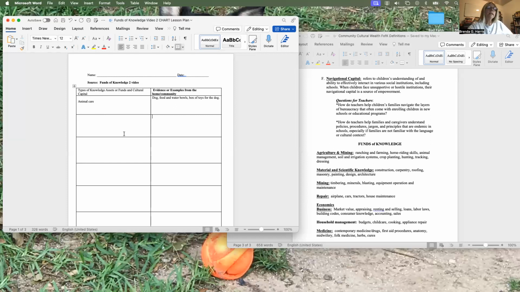What else do we have here? Did you see the sewing machine? I'm going to put a sewing machine, and there was fabric right next to it. What kind of knowledge might that be?